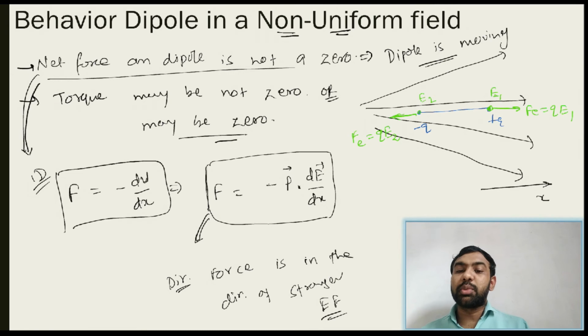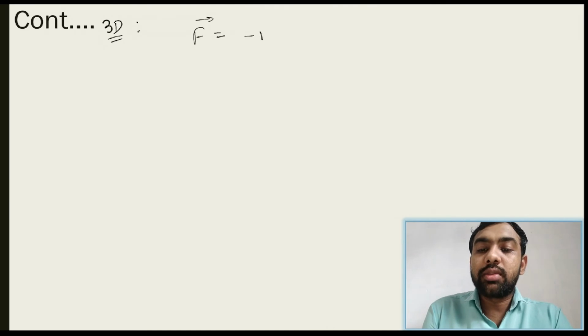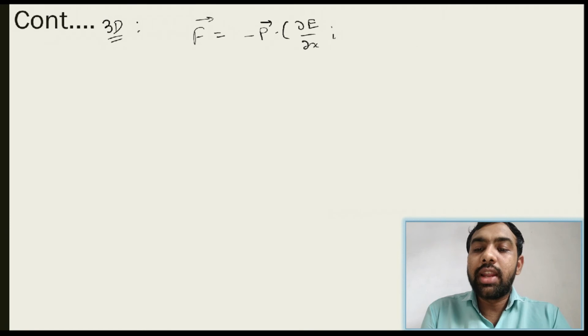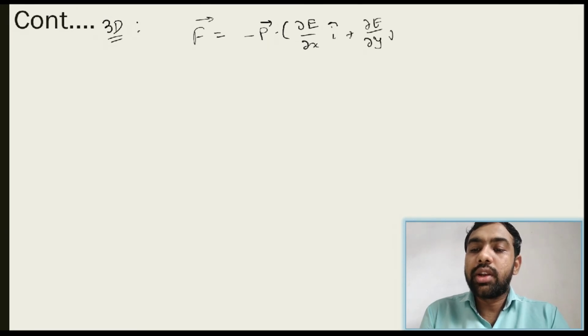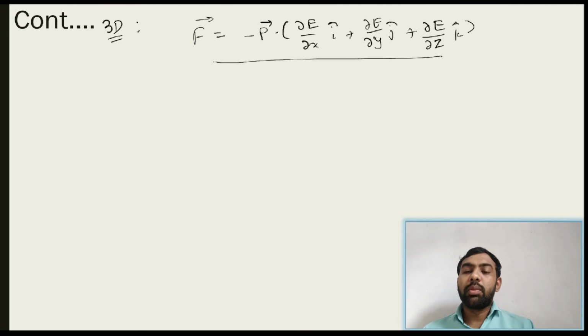If the field is present in 3 dimensions, then you just apply the same rule. So minus p dot del E by del x i plus del E by del y j plus del E by del z k. तो आपको डायरेक्शन डायरेक्टली मिल जाएगी. यूज दिस रिलेशन, यू गेट दिस आंसर.